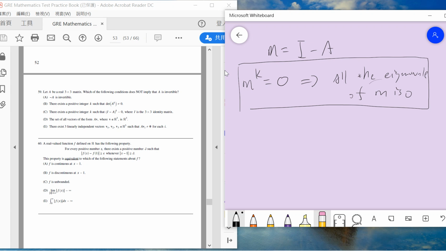But all eigenvalues of M are 0, so this tells you that all the eigenvalues of A are 1. Since all the eigenvalues of A are non-zero, we know that A is invertible, since the determinant of A is just the product of eigenvalues, and none of the eigenvalues is 0. So the determinant of A is non-zero, and A is invertible. So C is correct. How about D?